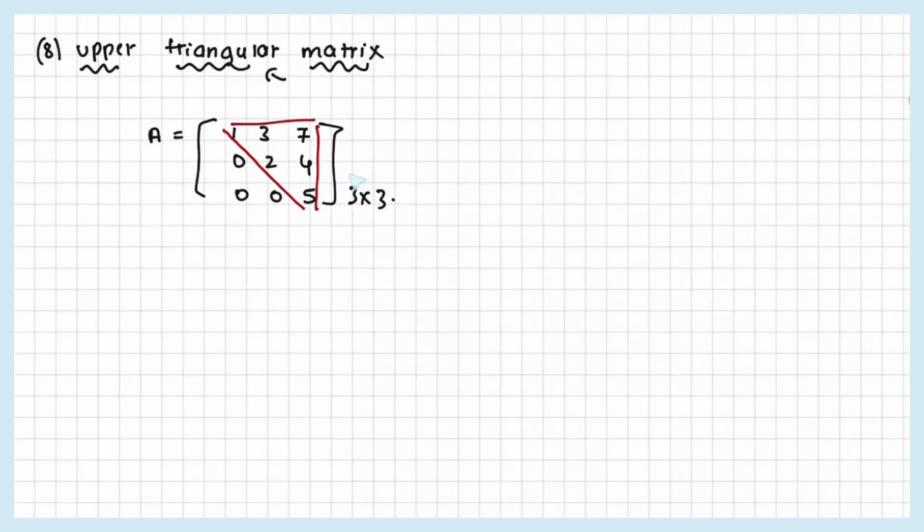See here, upper triangle means, okay, we'll write the definition for better understanding. It is a square matrix. Square matrix means the rows as well as the columns should be equal.